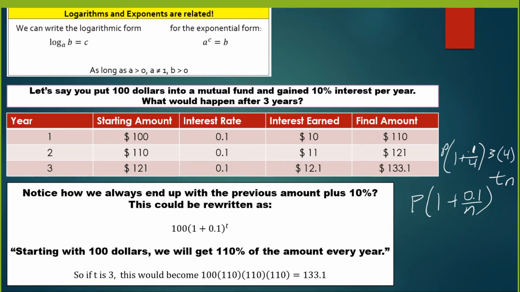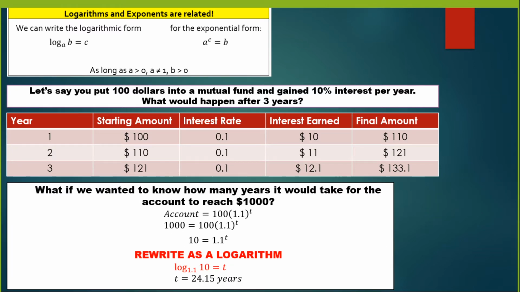So if you want a general form for this, then we could put your rate here, and that would end up giving your account balance. If I rewrote that as a logarithm, so if I wanted to know how many years it would take this account to reach $1,000, right now I have 100 times 1.1 raised to the t power equals 1,000.